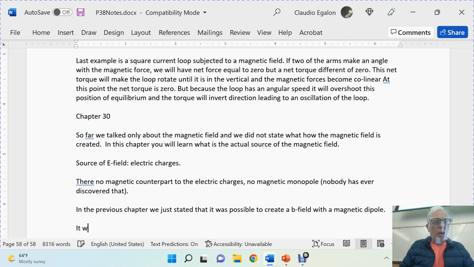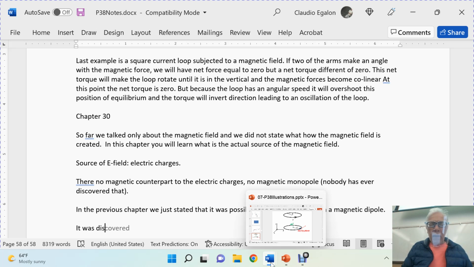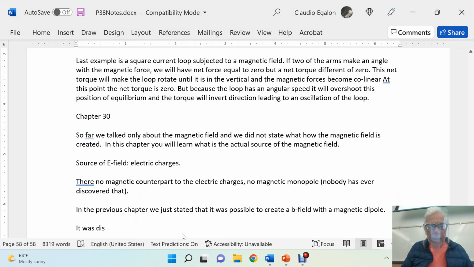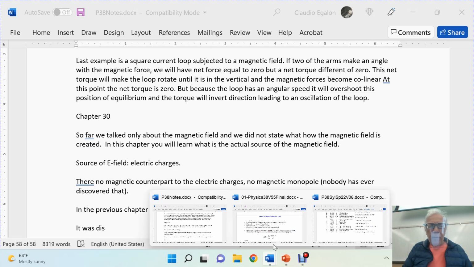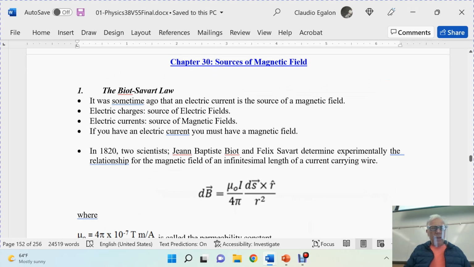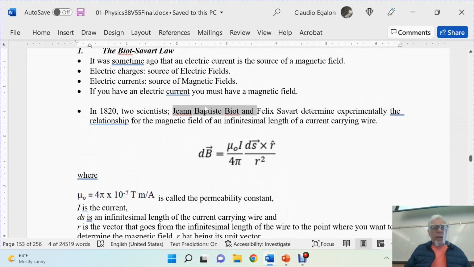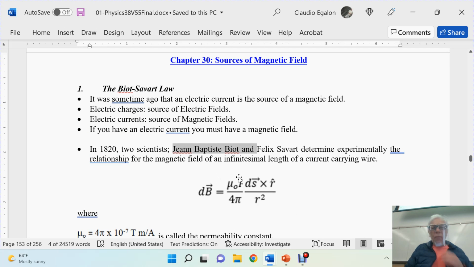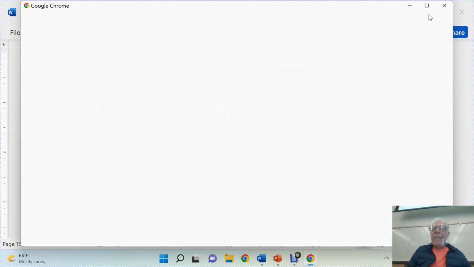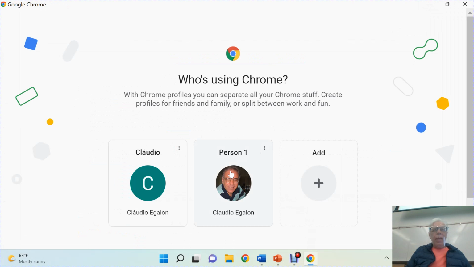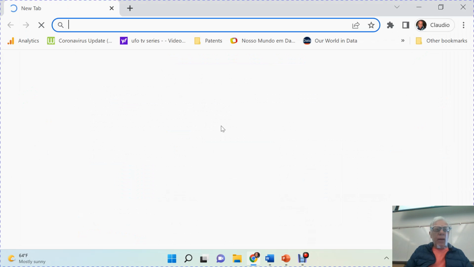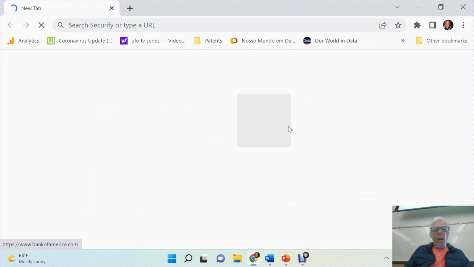Okay, it was discovered by, is that Orsted? Let me see who the name of the guy is. It's always nice to go into the history. This one here is who discovered the equation. But there was another guy who found out what the source of the magnetic field was. Okay, let's take a look.